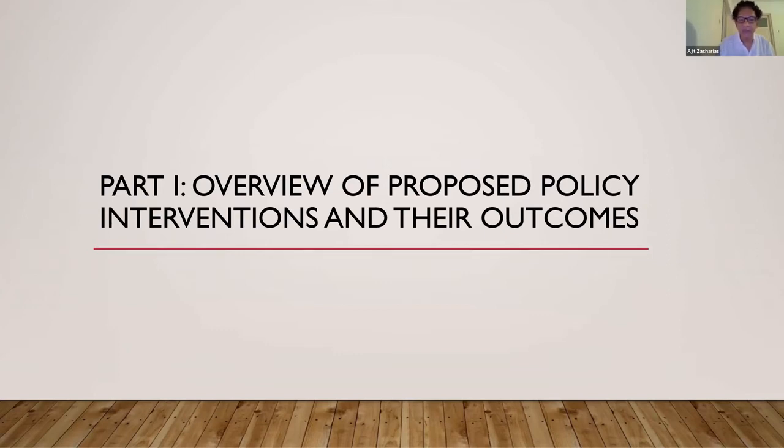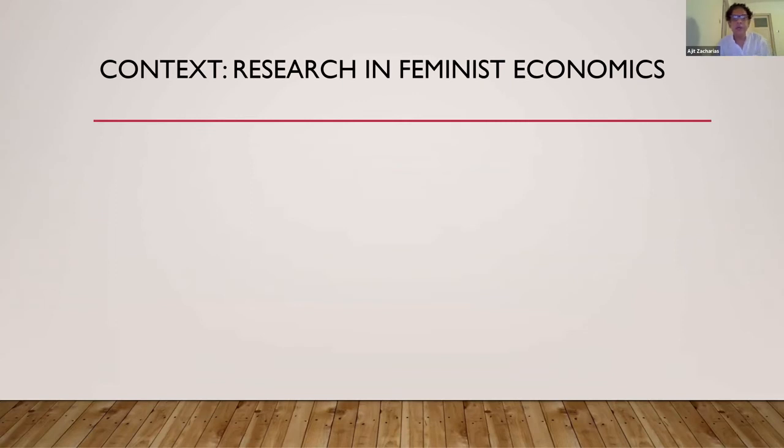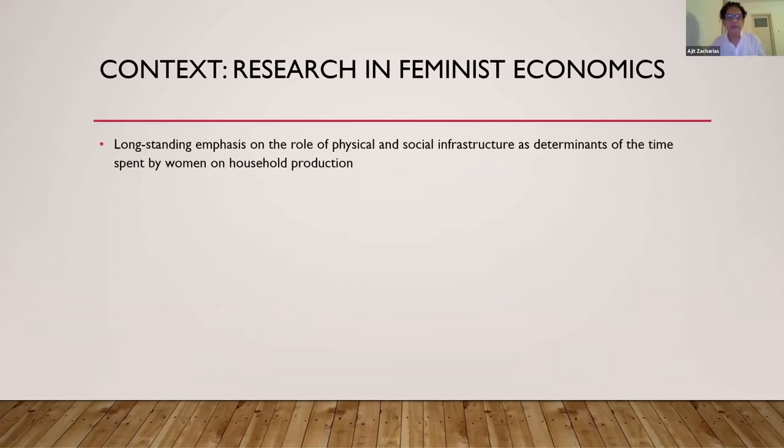To start with the context here, it's research in feminist economics. There's been a long-standing emphasis on the role of physical and social infrastructure as determinants of the time that women spend on household production. By household production, we mean basically the same set of activities that was referred to by Martin: unpaid care and domestic chore services.